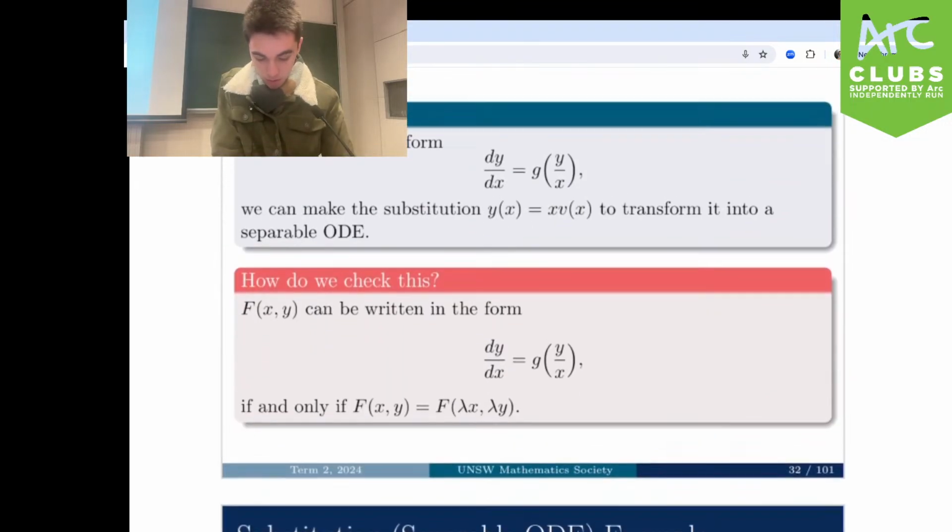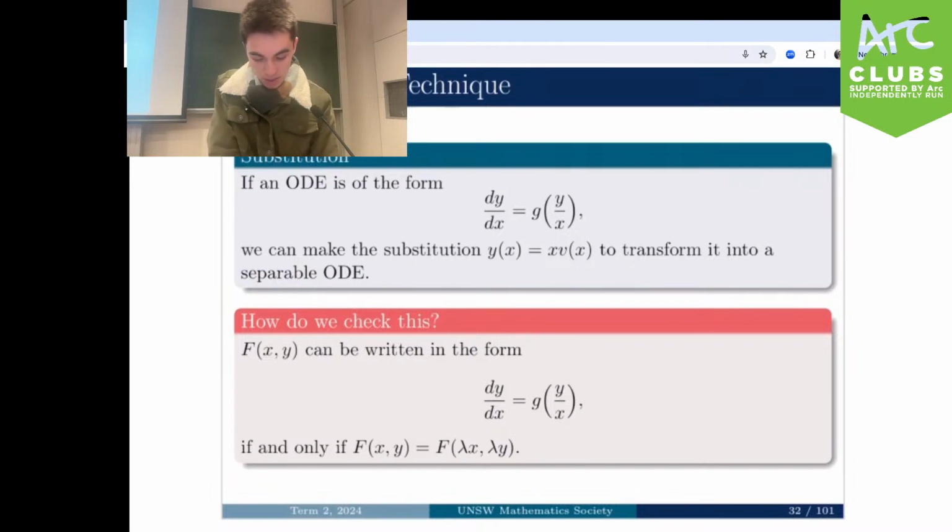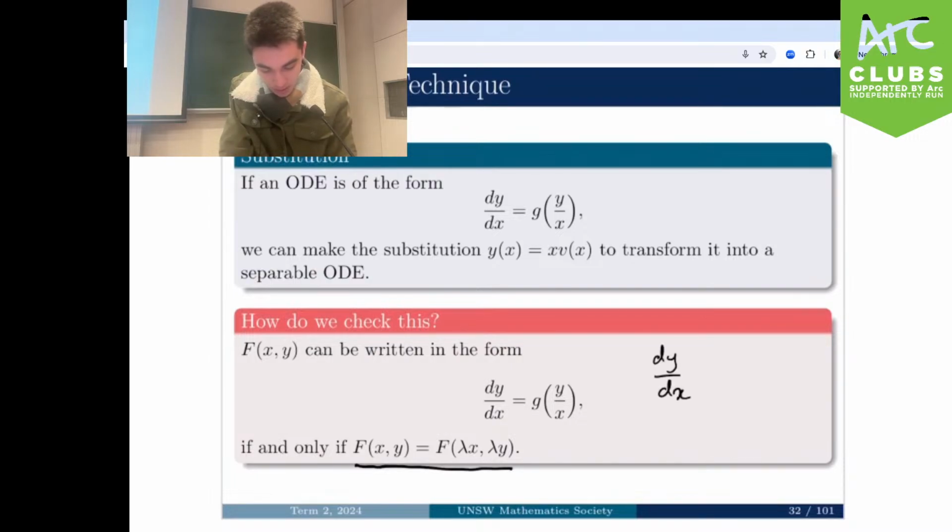So the way that we check this, right, is we see if our function satisfies this test, right? So if dy over dx can be expressed as one of these, as g of y on x, that means that if we scale y by the same amount that we scale x, so lambda, right?